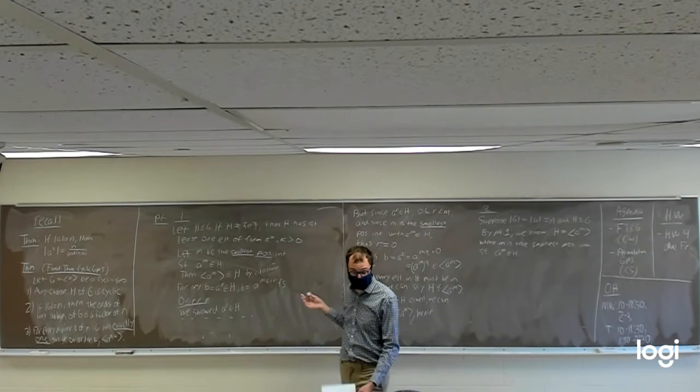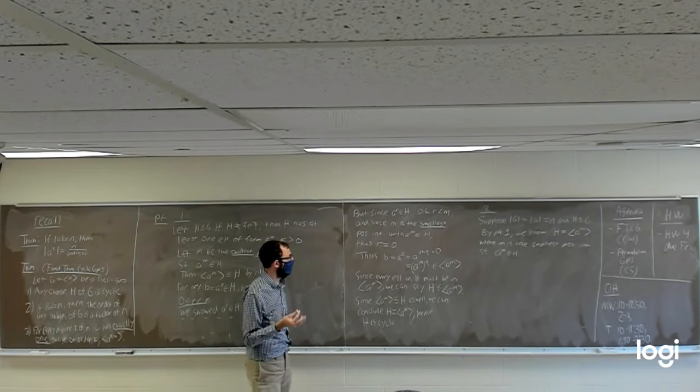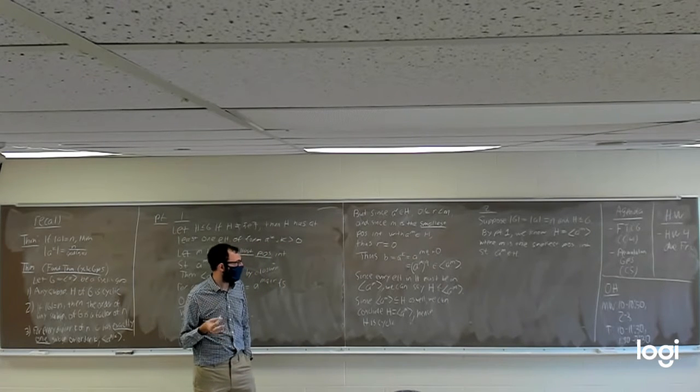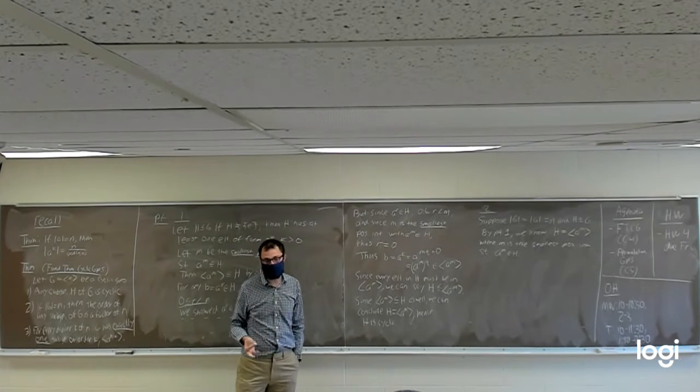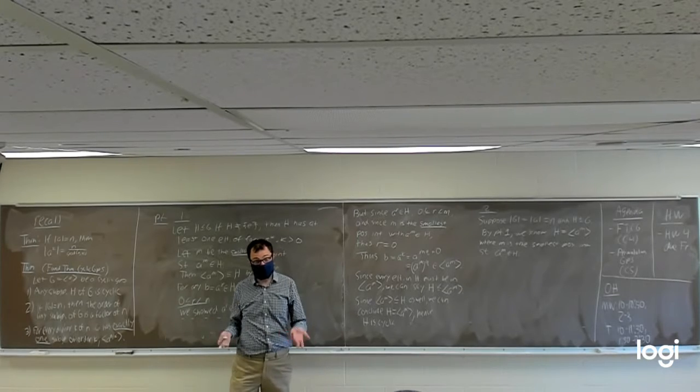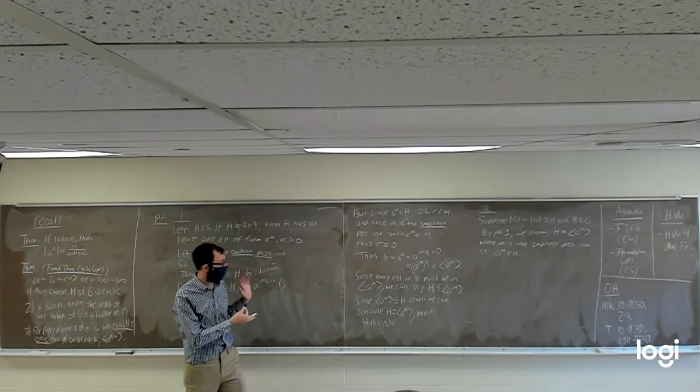Basically, using our work from part 1, we can immediately say, oh, we have a subgroup of G. It has to be generated by the smallest positive power of a that'll get it inside of H. That's something we proved as part of our work in proving number 1.